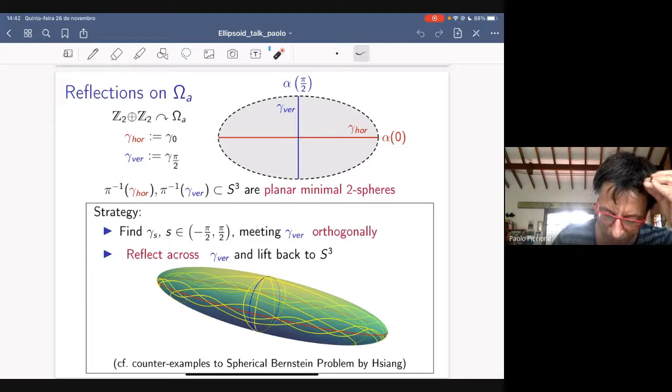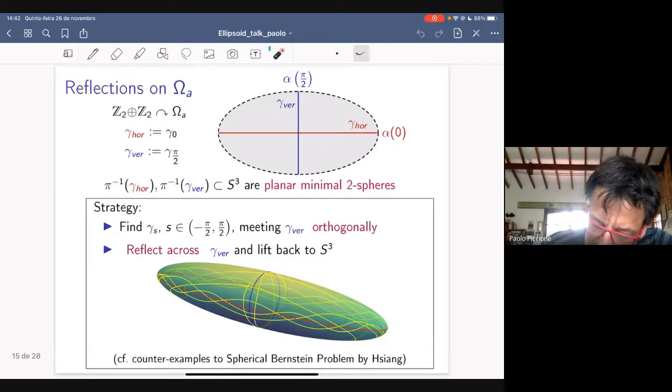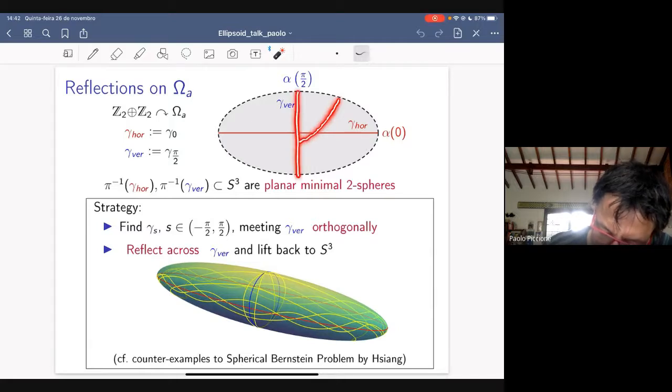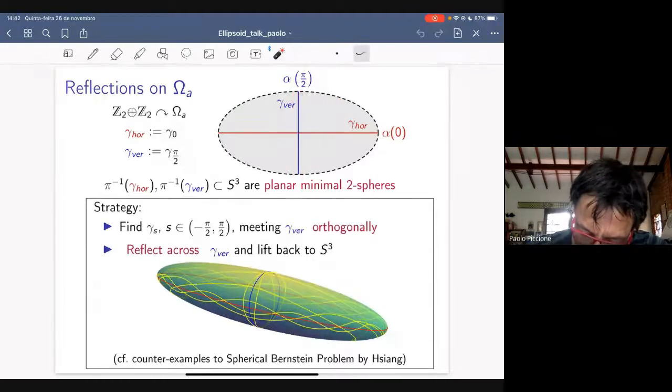So we consider the following. We start orthogonally from here, and we look for geodesics that, say, arrive orthogonally onto this vertical one. Once we have a geodesic which starts orthogonally and arrives orthogonally here, observe now that this part here is non-singular.